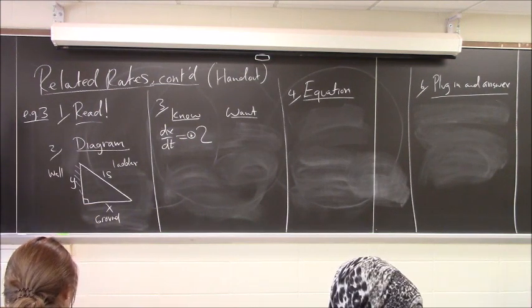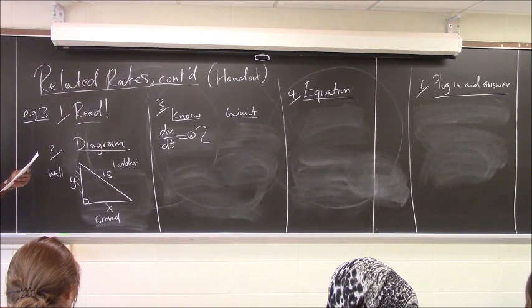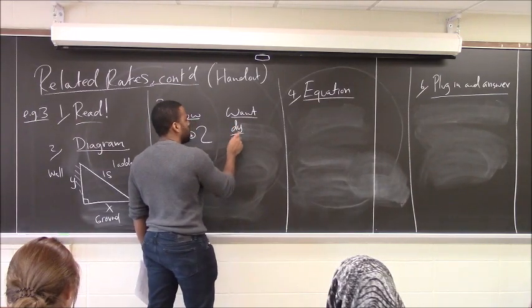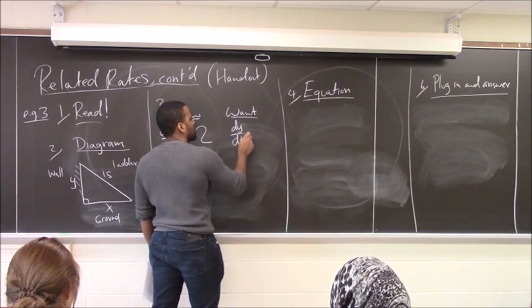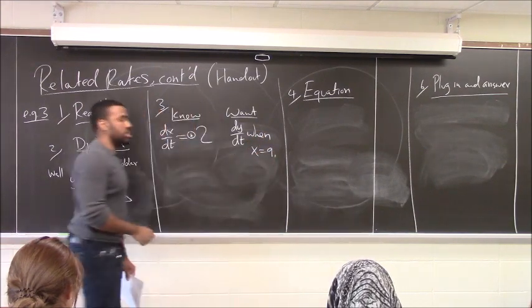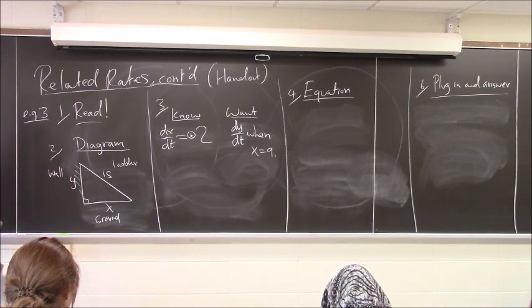That's the only rate we were told. What do we want to find? dy/dt. You want dy/dt at what point? When x equals 9. There's going to be an instant where my x hits the value 9. That's the instant I care about.